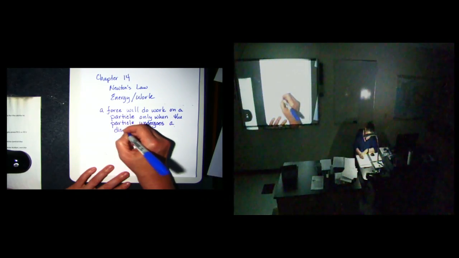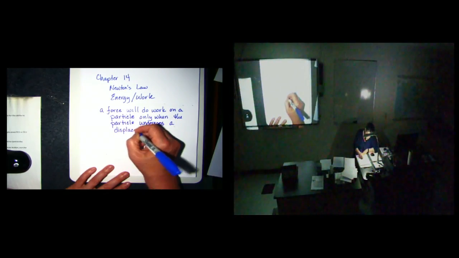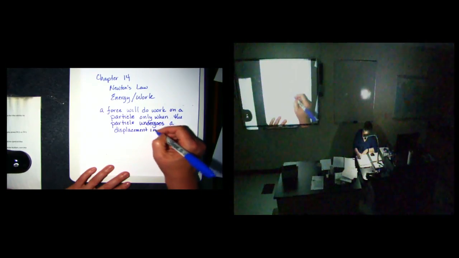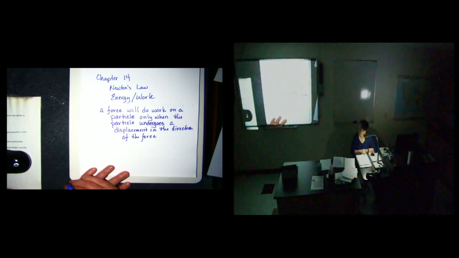We also have our energy definition, and energy is the capacity to do work. But this whole piece right here gives us this. Now, our book is going to use U for work.